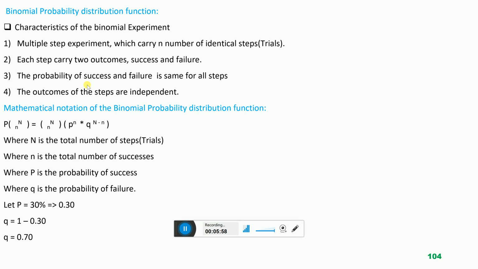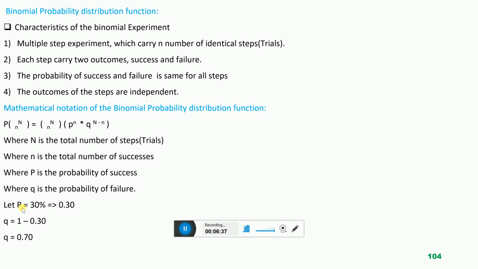And now this is the mathematical notation of the binomial probability distribution function. We will use this formula to assign probabilities to the values of the random variable of binomial experiment. I am interpreting where capital N is the total number of steps or trials of the experiment, where small n is the total number of successes of experiment, where p is the probability of success of outcome, where q is the probability of failure of outcome.